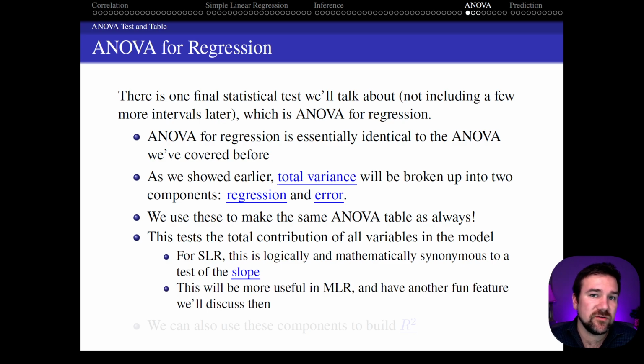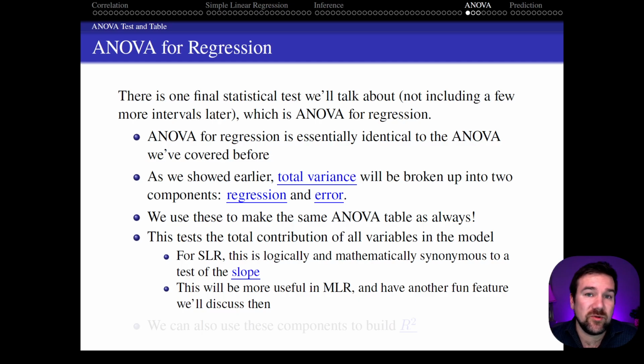But when we get to the multiple linear regression, this test is going to be much more useful. Essentially, what this test does is it tests the contribution of all independent variables in the model simultaneously. And again, with one independent variable, there's only one. So that's going to be the same thing as just testing the contribution of that one variable, which we already do with our t-test.